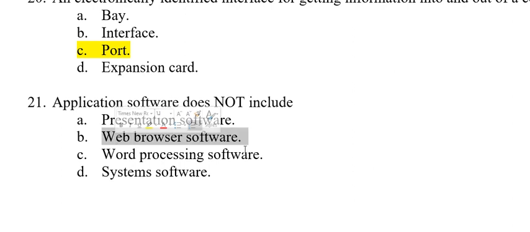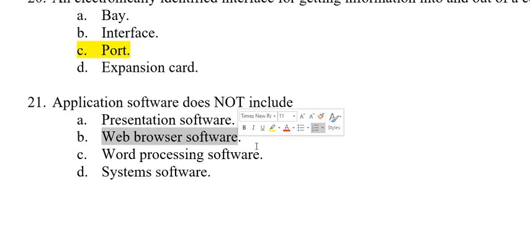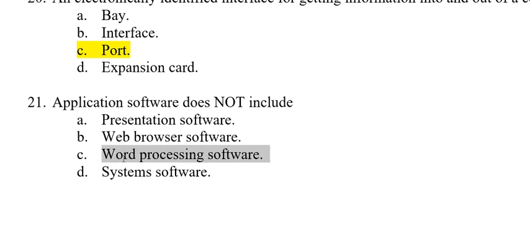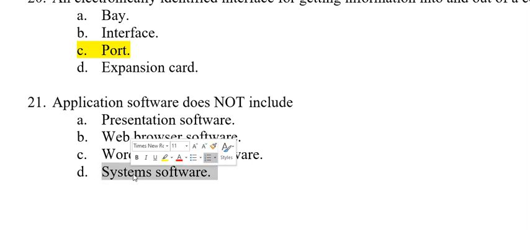Web browser is an application, just like examples of a web browser will be Mozilla, Chrome, Edge, you name it. Word processing is an example of an application software. So the answer here in this case, which is does not include application software, is system software, right? That's the answer.